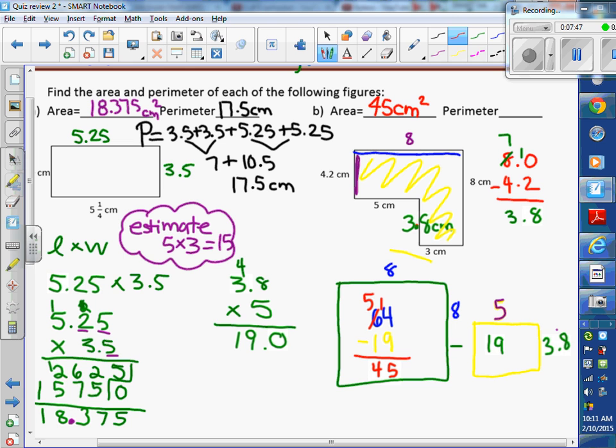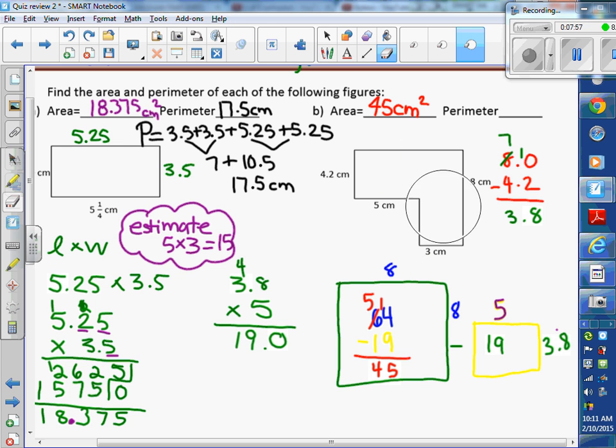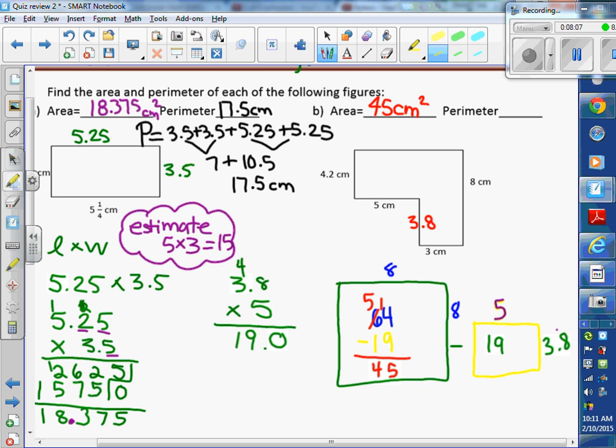To do perimeter, I'm going to erase this and start again for perimeter, just so it's easier to read. Remember, we found this to be 3.8 centimeters. So for perimeter, you have to add all the sides.